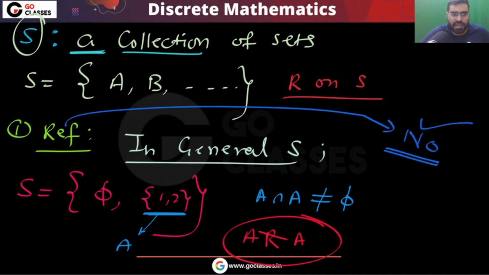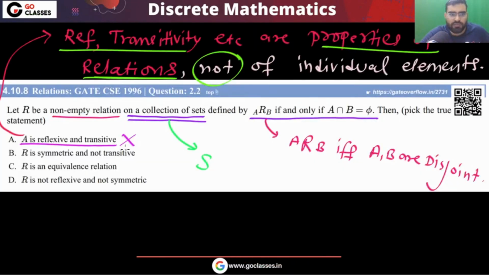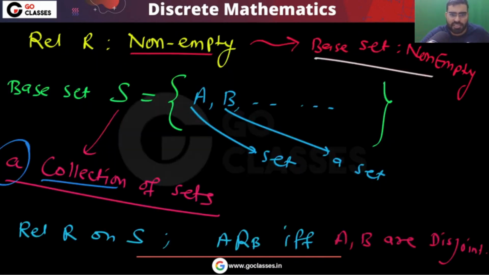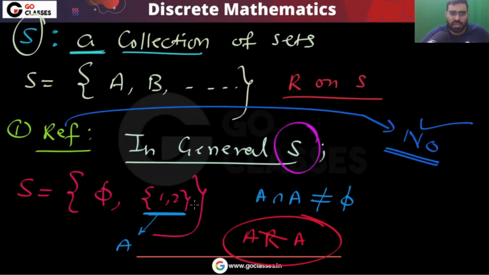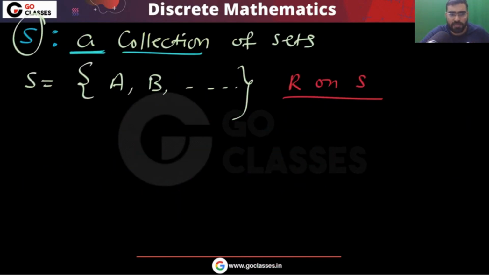So in this question, in general, the reflexive property will not be satisfied. It actually depends on what this set S is. But from the options, you can easily see that the question is asking for the general scenario, so the reflexive property is not satisfied. Is this point clear? Let me know.